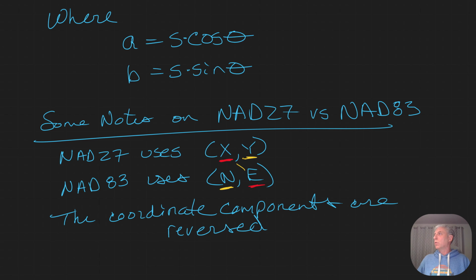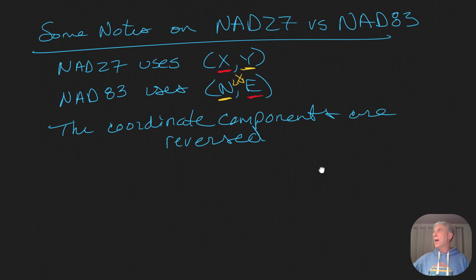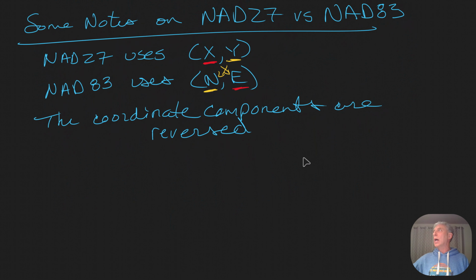So they're reversed. And we'll develop the solution process with that in mind, okay? So it's not something that you have to visualize really, because we're going to build it right into the solution process. So just something to keep in mind. And so here's the development of the solution.